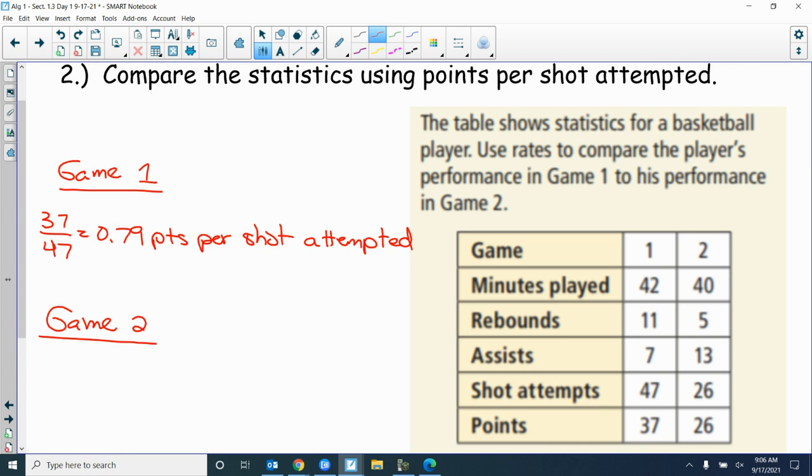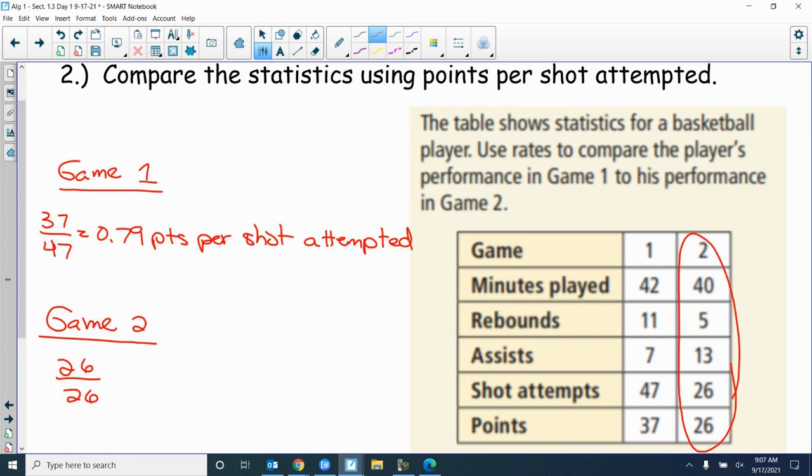Like I had 37 over 47. What should we do for game 2? 40 divided by 42. No, because that's minutes played. We want points per shot attempted. So look at game 2. How many points did this person have? 26. How many shot attempts did this person have? 26. So we take 26 divided by 26.